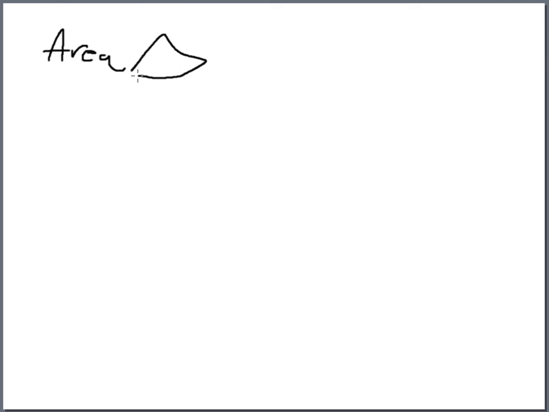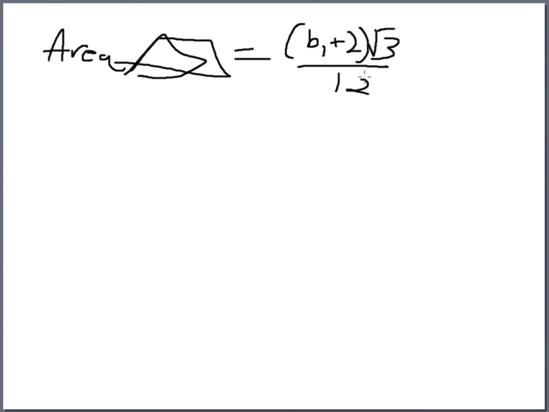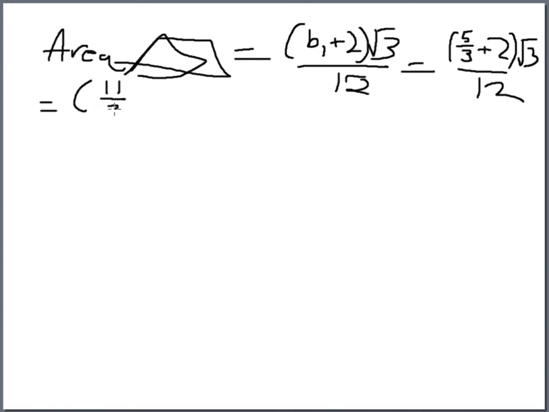Area of the trapezoid is equal to base 1 plus 2 times square root 3 over 12, which is equal to 5/3 plus 2 times square root 3 over 12, which is equal to 11/3 times √3/12.